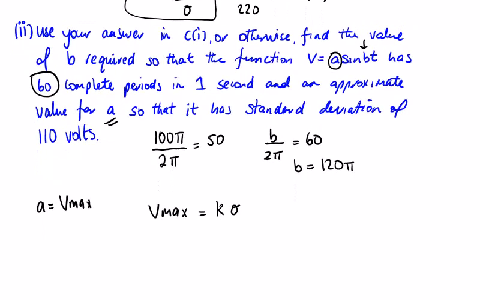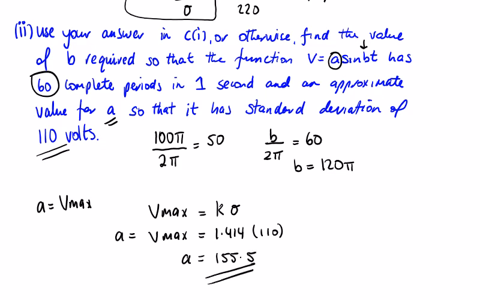And we have our 1.414, and we're told standard deviation is 110 here. So that'll give me a, which is Vmax. So a, dividing this up on a calculator, is going to give me 155.5 for a. So we have a and b. That's the end of this question.